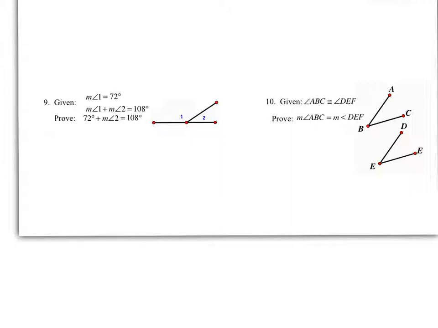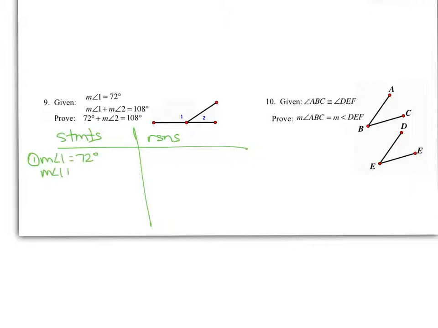Okay, let's see what we have here. The measure of angle 1 is 72 degrees. Angle 1 plus angle 2, I think that's supposed to be 180. I think we have a typo here. Maybe not. Let's just roll with it. We'll see what happens. Okay, so statements, reasons. The measure of angle 1 is 72 degrees.